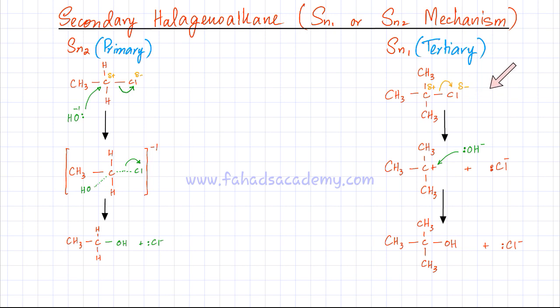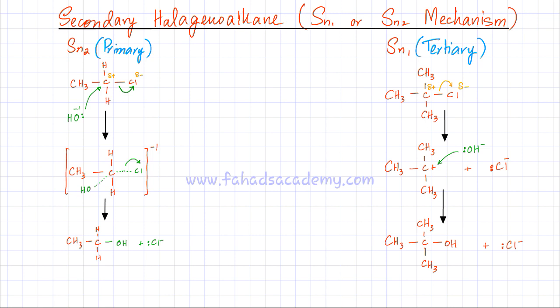If it gets knocked out, Cl takes away electrons and this carbon loses electrons, and a carbocation intermediate is formed, and this carbon is going to have a positive charge. Now there's room available for an attack, and this OH⁻ would quickly get attracted to this positive carbon atom and join with it.